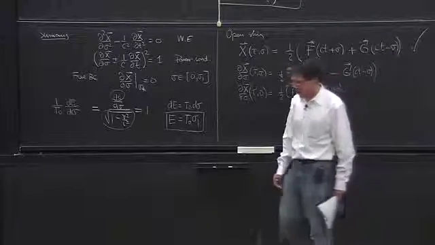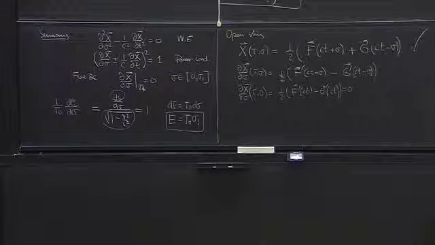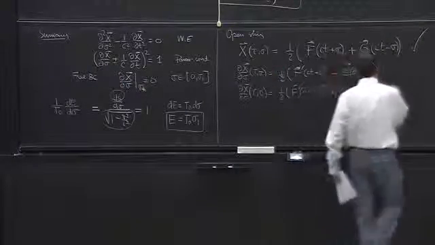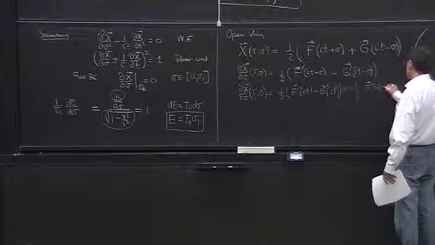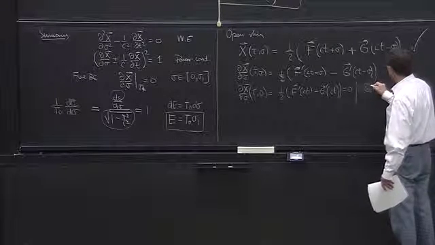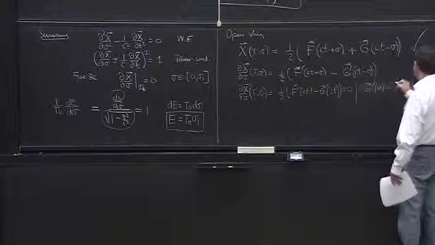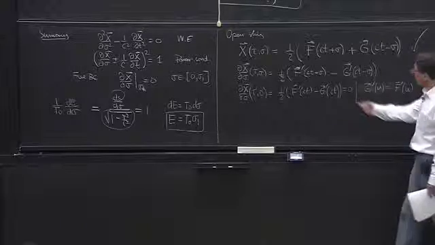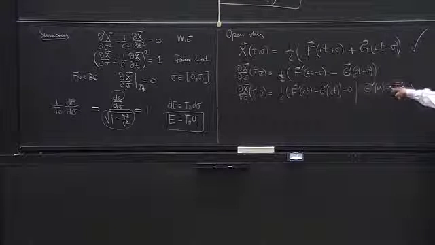Well, ct can be any number, so really this means that f prime of u is equal to g prime of u, or I'll write it like this: g prime of u is equal to f prime of u. F prime is with respect to the argument, and this is true for arbitrary argument because ct has any value. So g prime of u must be equal to f prime of u.